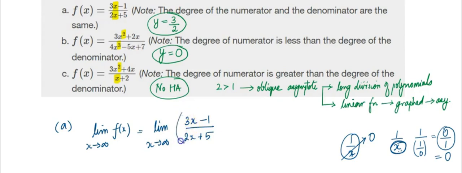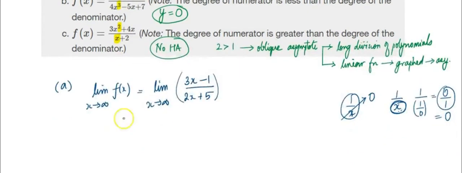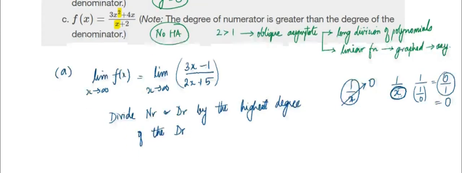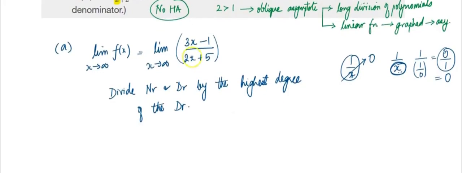The trick is to divide numerator and denominator by the highest degree of the denominator. Okay, so the highest degree here in this denominator is x power 1, right?